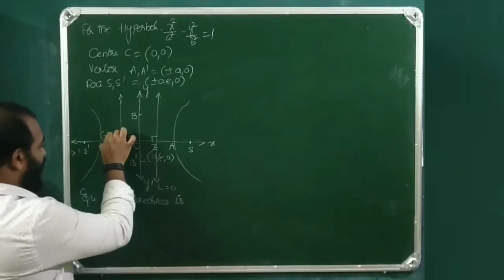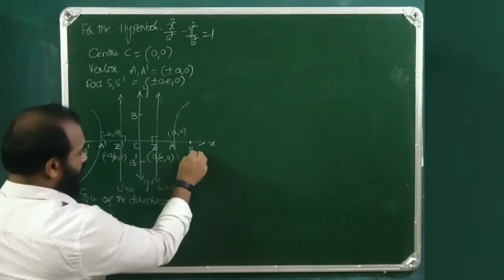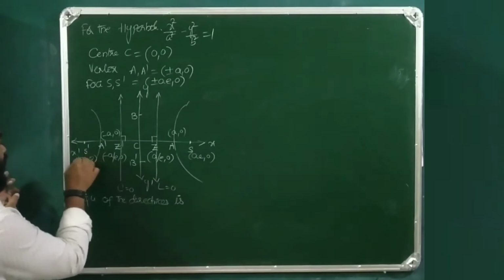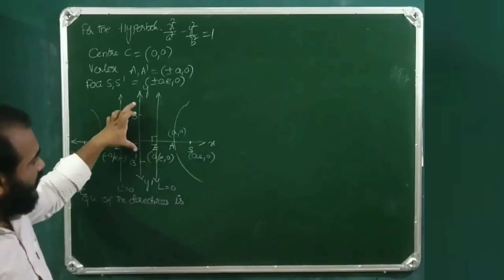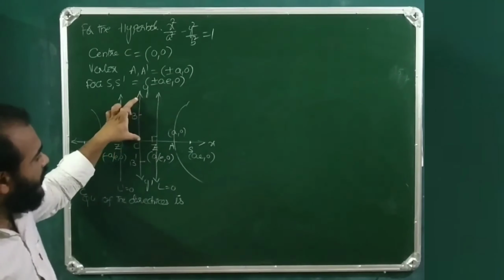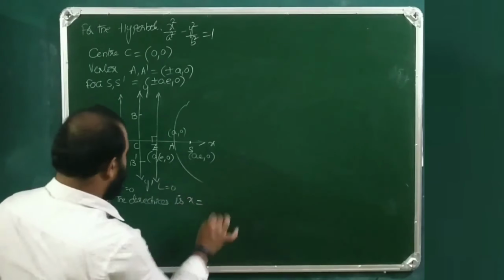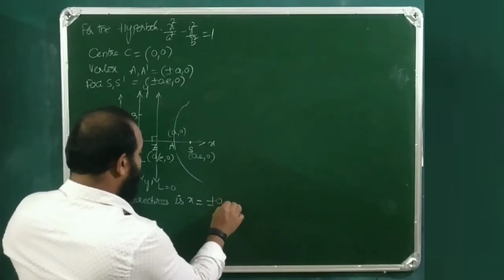This is minus a comma 0. This is a comma 0. This is a e comma 0. This is minus a e comma 0. So equation of the directrices is the line which is parallel to y-axis in the form x equals to a by e, minus a by e. So plus or minus a by e.